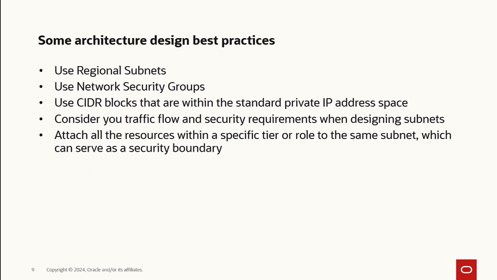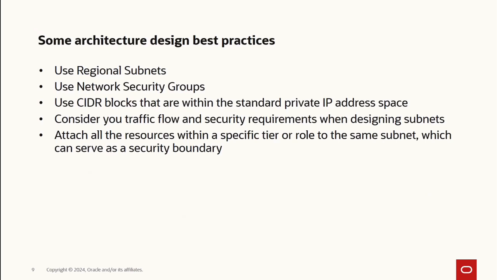Much easier to manage because security groups apply to virtual NICs, whereas your network security lists control the entire subnet. And of course, you can manage your CIDR blocks as well and consider your traffic flow and security requirements when designing the subnets and when setting up your security groups.